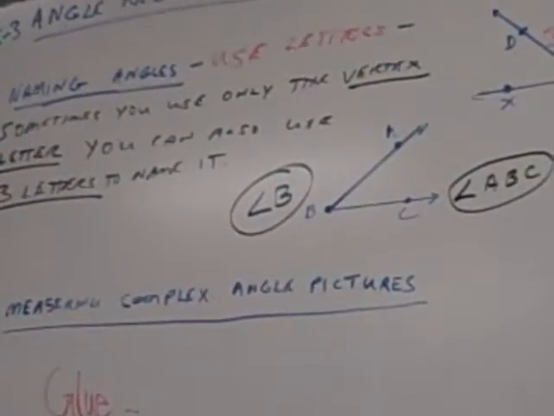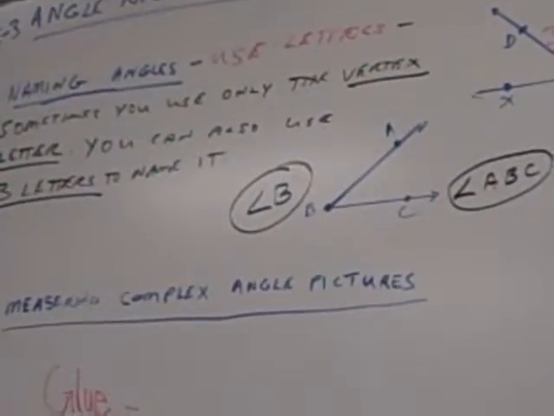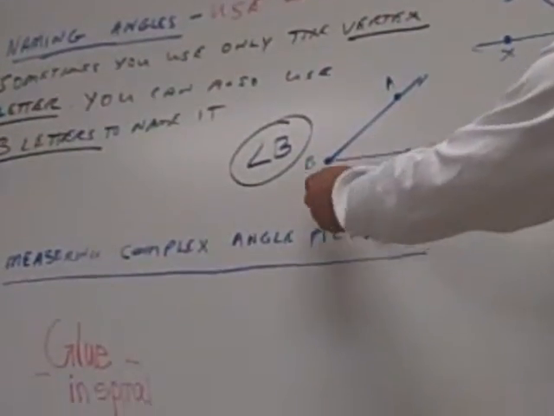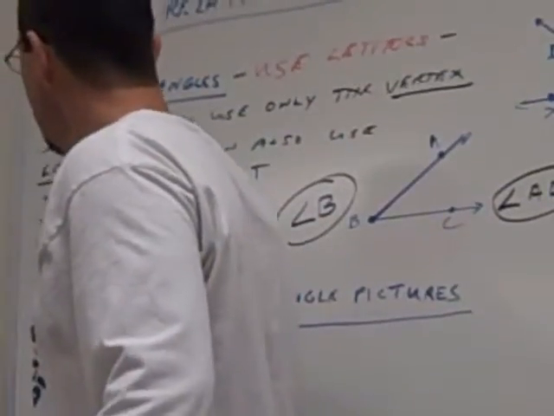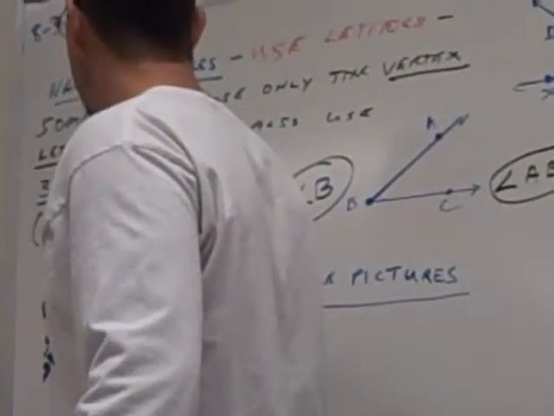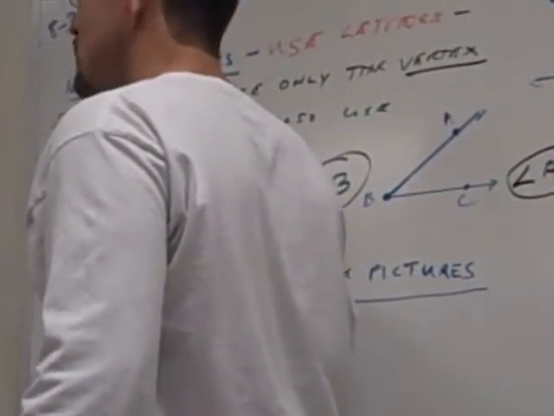Notice, where is the vertex letter? In the middle, just like on the angle itself. So maybe you need to put in here: vertex letter in the middle.